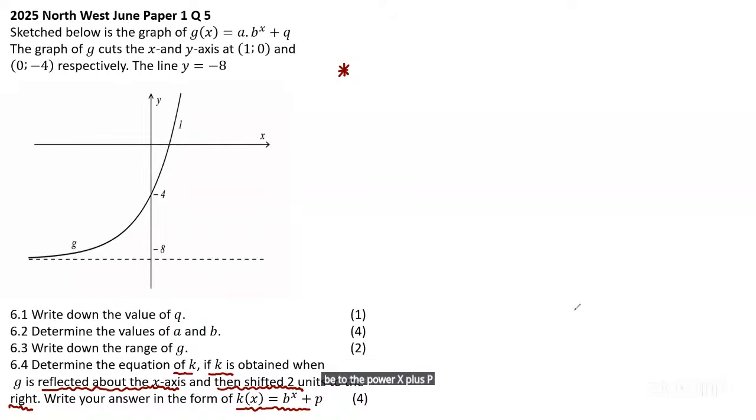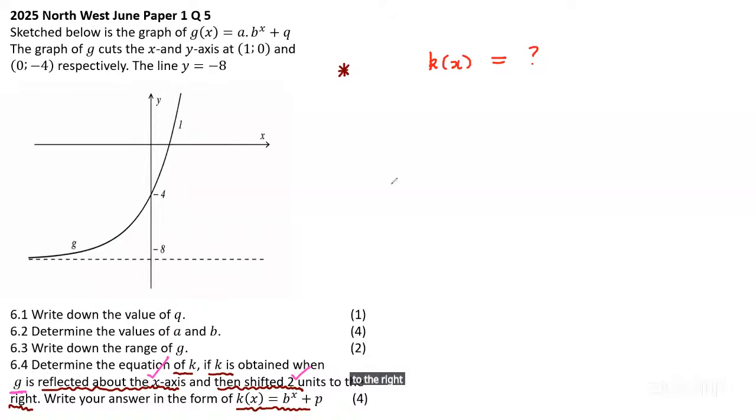Let's discuss. So I'm looking for the equation of k of x. k of x comes as a result of reflecting the graph of g in the x-axis. So that's the first thing that I did. I reflected the graph of g in the x-axis. Then after that, I shifted 2 units to the right.